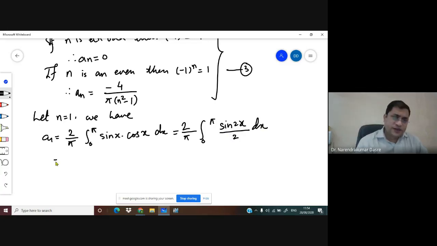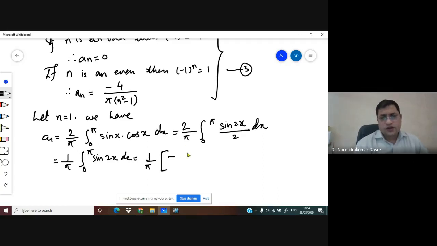This 2 and this 2 will get cancelled, so we can have 1 upon pi, and here we have integral 0 to pi sine of 2x dx.